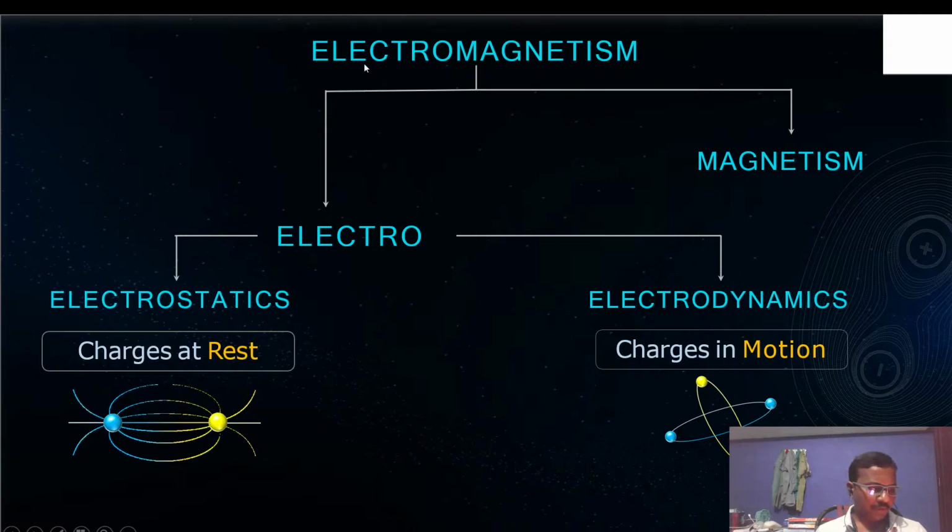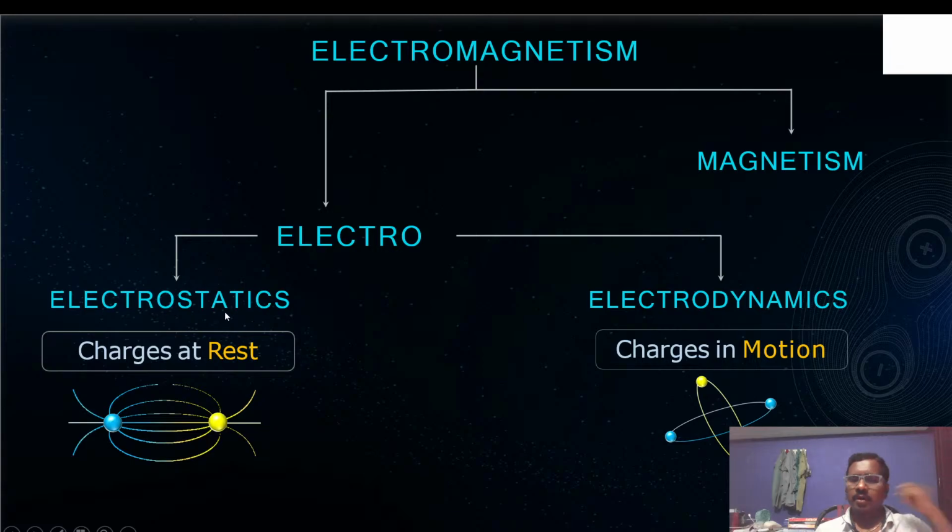So first of all we have to take electromagnetism. This electromagnetism we can classify in two types: electrostatics, and the next one is magnetism. Magnetism we will discuss later.